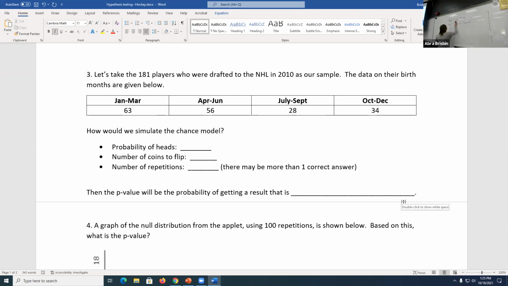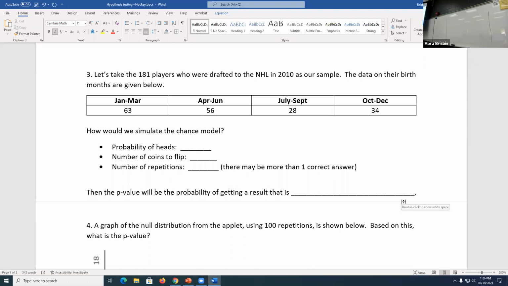We're assuming that our null hypothesis is true.